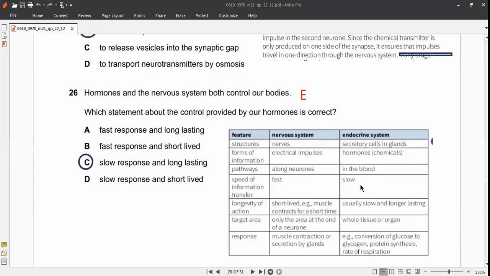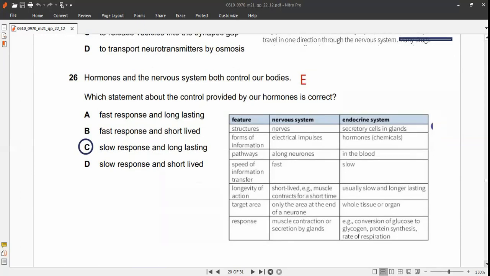So it's a slow response, usually slow and long lasting. So the correct answer is slow response and long lasting. What about the nervous system? It is short-lived. For example, a muscle contracts for a short time, but the speed is fast. So the correct answer here is C, slow response and long lasting.